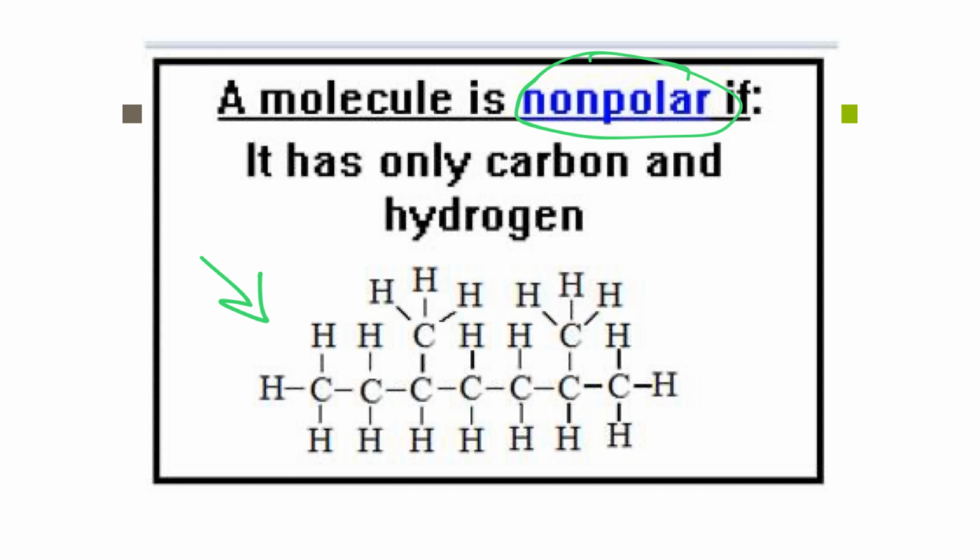Now, if we replace one of those hydrogens with an OH, suddenly this molecule has some polarity, because now there's a difference in electronegativity between the oxygen and hydrogen and the carbon and oxygen. Both of those lead to a polar side on this molecule. But for now, if we're just talking about carbons and hydrogens, know that we're talking about nonpolar molecules.